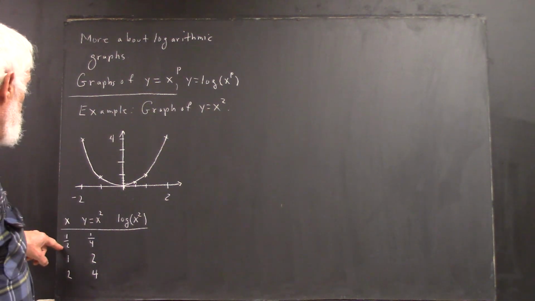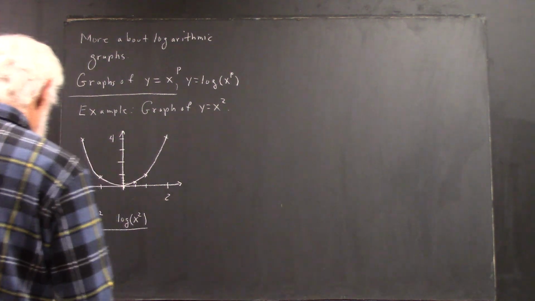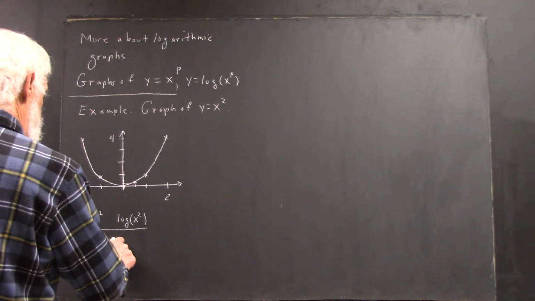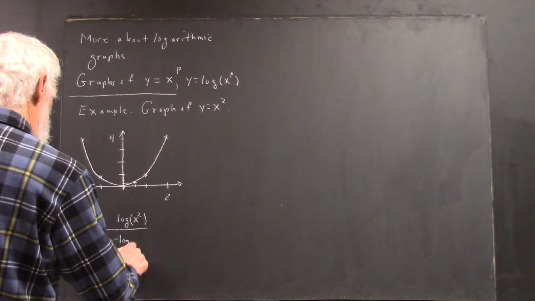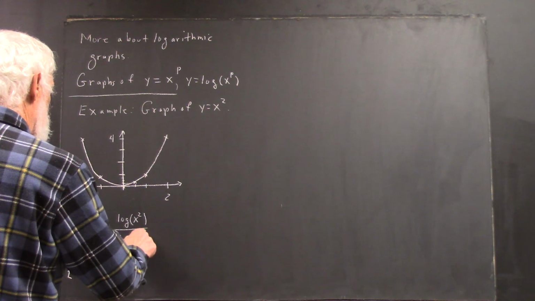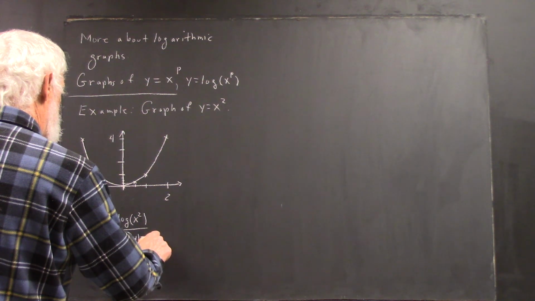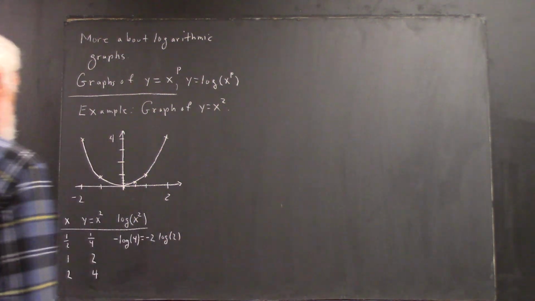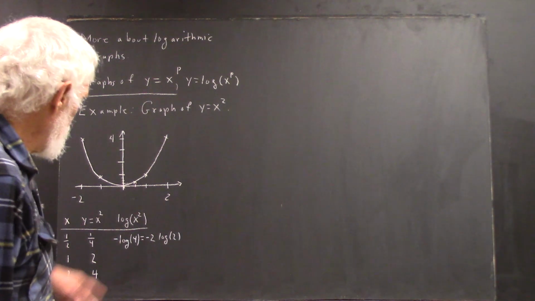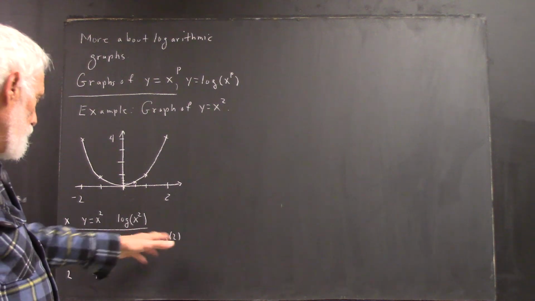If x is 1/2, x squared is 1/4. The log of x squared is negative log of 4, which I'm going to write as negative 2 times the log of 2. And this should be clear. Well, I'll say it, I don't want to write it out.